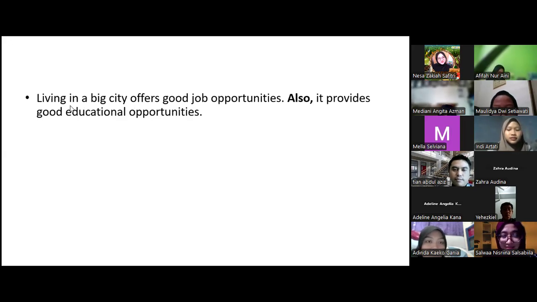And we have another advantage of living in the big city, which provides good educational opportunities. So we use "also" to connect these two sentences because both explain advantages of living in the big city.